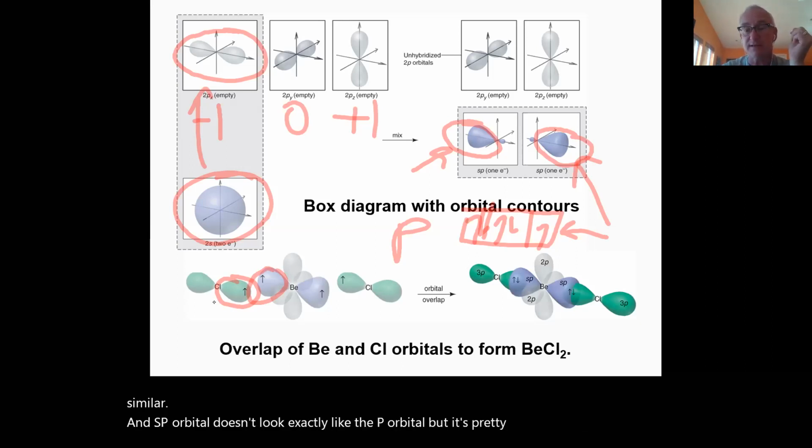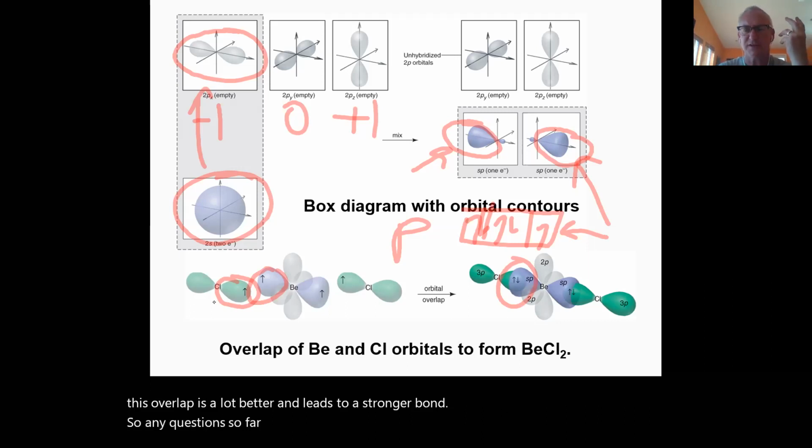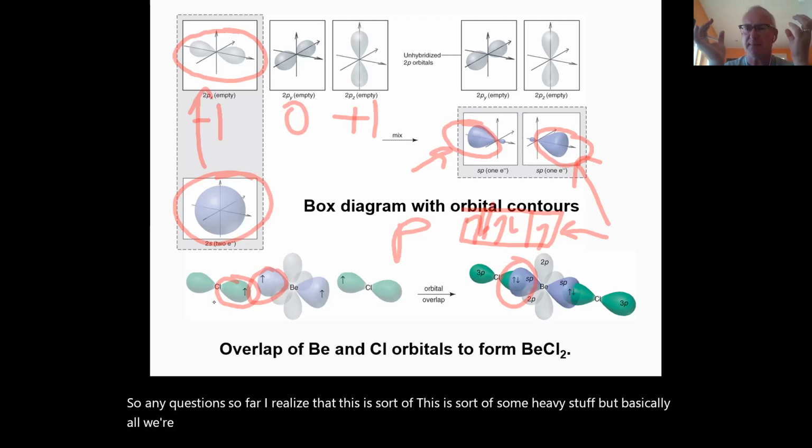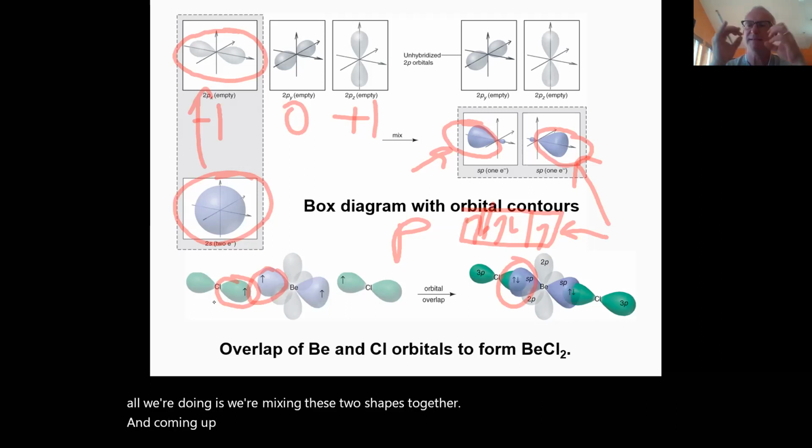So this overlap is a lot better and leads to a stronger bond. Any questions so far? I realize this is heady stuff, but basically all we're doing is mixing these two shapes together and coming up with a shape that overlaps better with other bonding electrons.